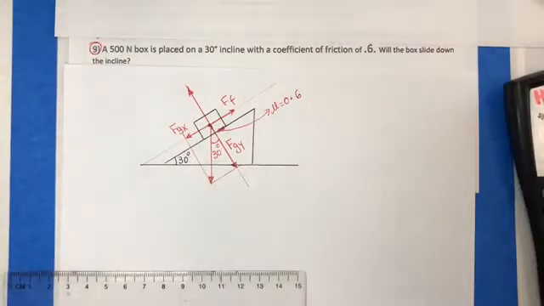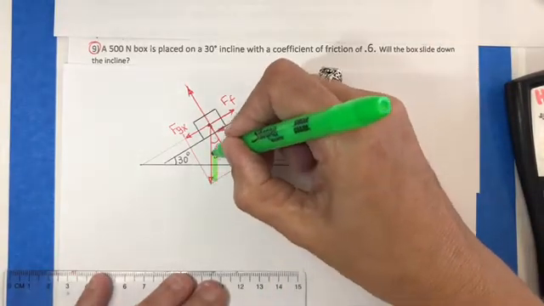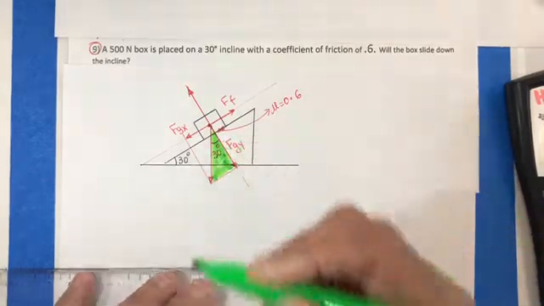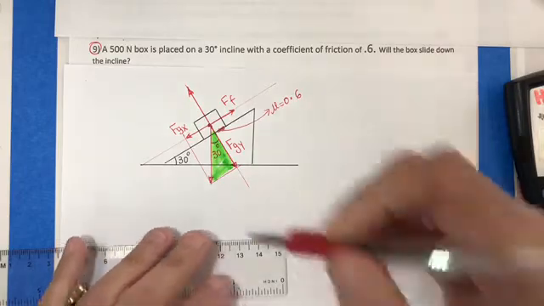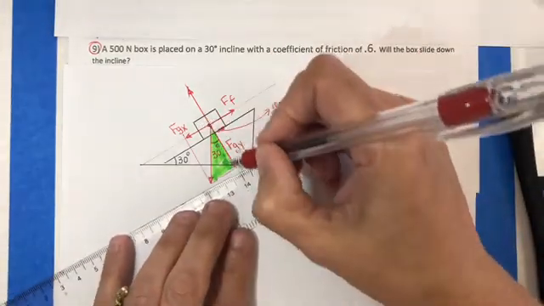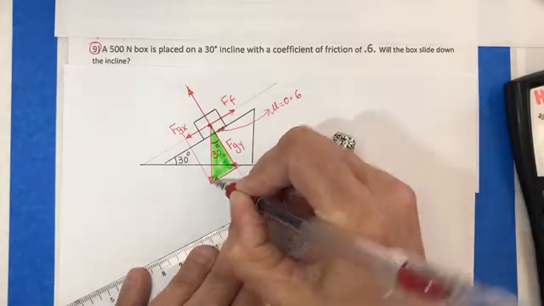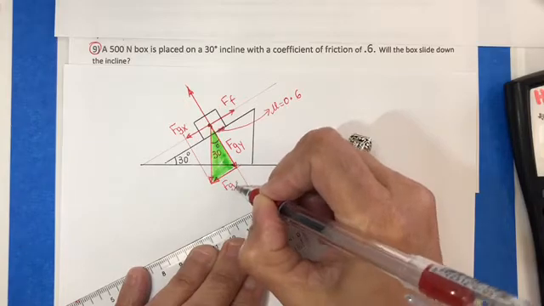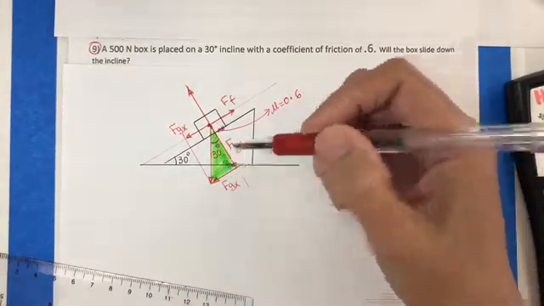With this, I complete my free body diagram, and my next step will be to calculate the components of this weight. Temporarily, I'm going to move this vector FGX. I'm not doubling, I'm just moving FGX to the bottom of this right triangle so I can calculate the components.